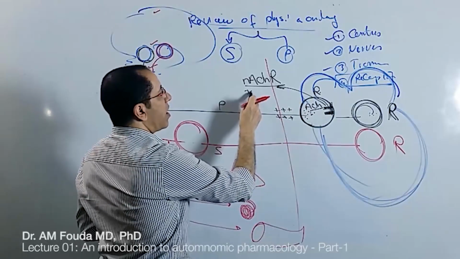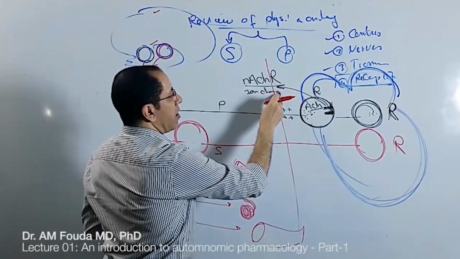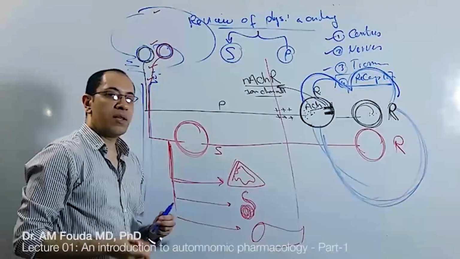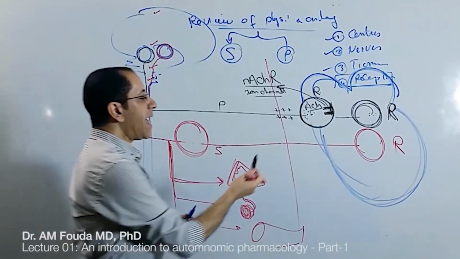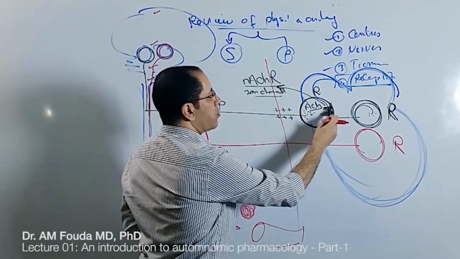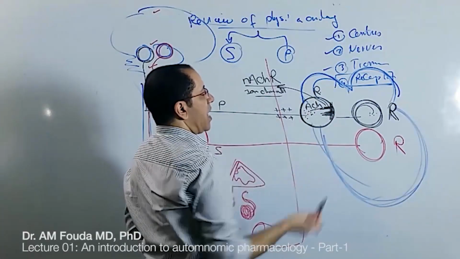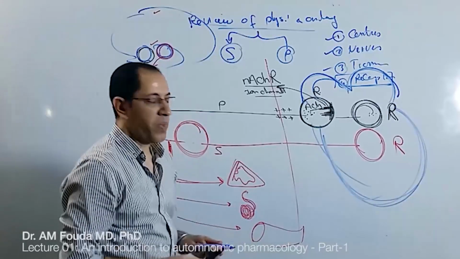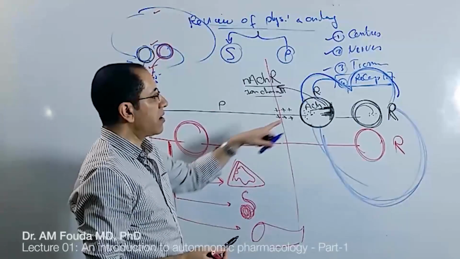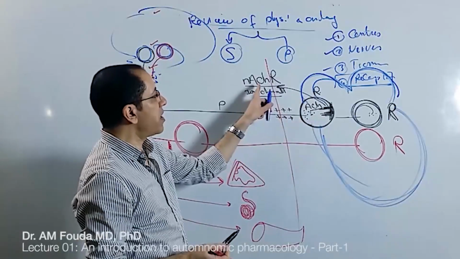That's because during nerve transmission, we need a fast responding receptor type, which is nicotinic acetylcholine receptor, which will generate another signal in the postganglionic fibers in the form of a depolarization wave till it reaches the nerve endings.